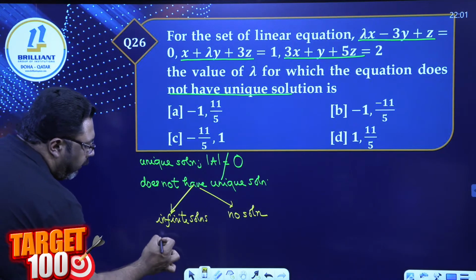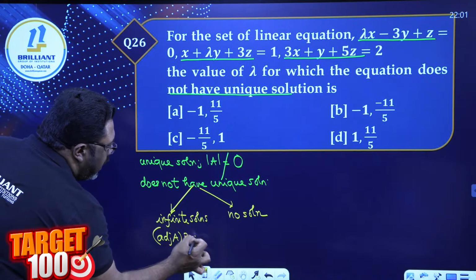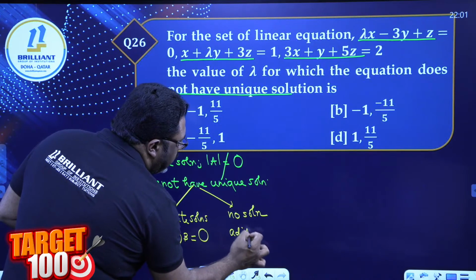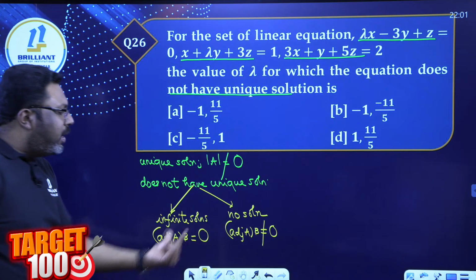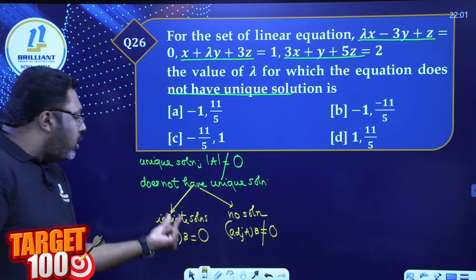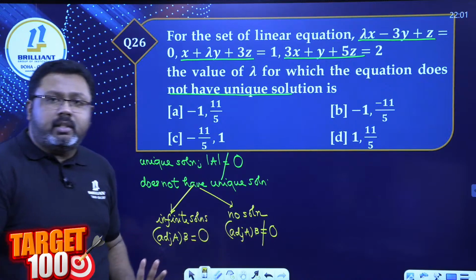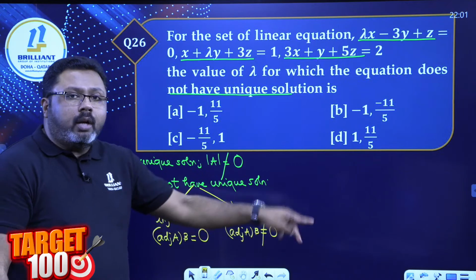Infinite solution if adjoint of A into B is a 0 matrix, and no solution if adjoint of A into B is not equal to 0. You can remember this condition. If a question based on infinite solution and no solution comes, it is definitely going to be the condition of this equation. Adjoint of A into B is 0, adjoint of A into B not equal to 0.